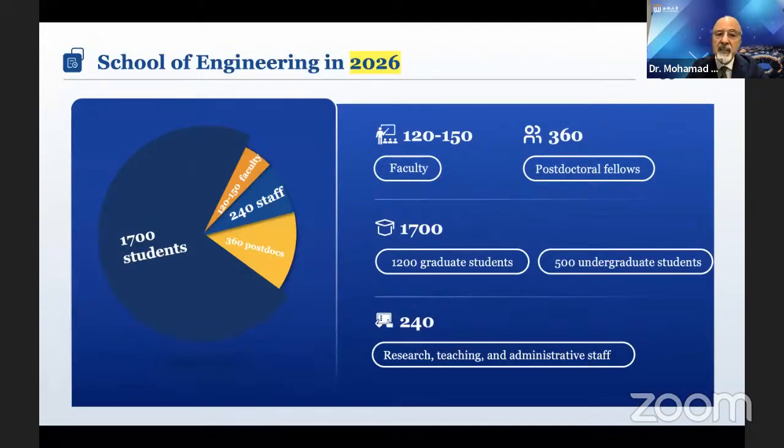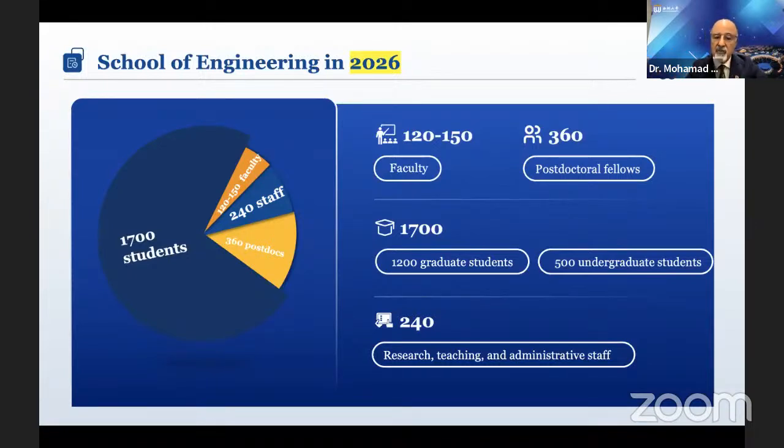Then the School of Engineering, 4 years from now, where we are heading, we want to have 1,700 students. Our faculty members, we should go to double, around 120 to 150. Postdoc fellows from 100 to 360.